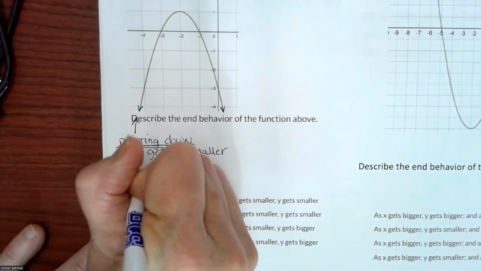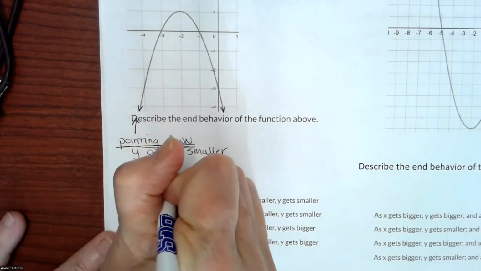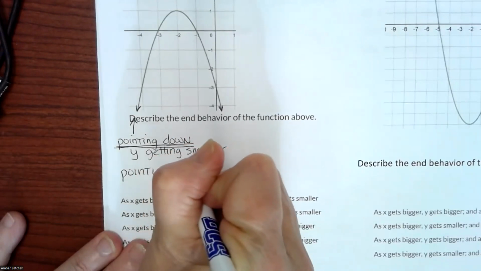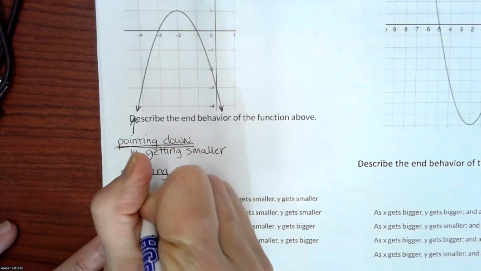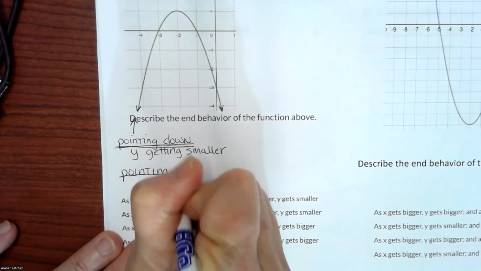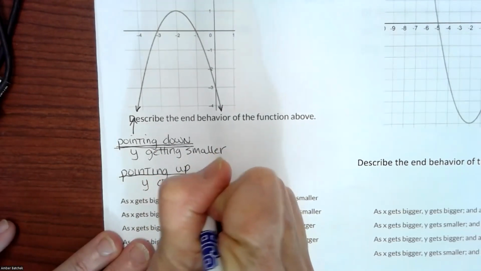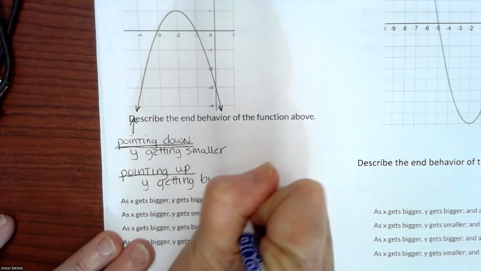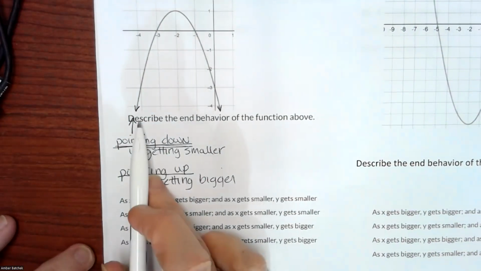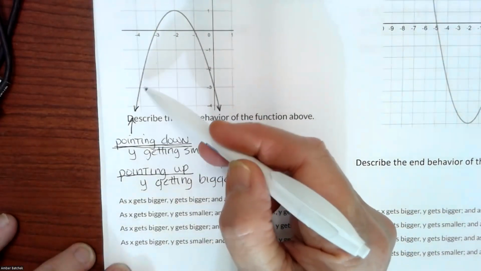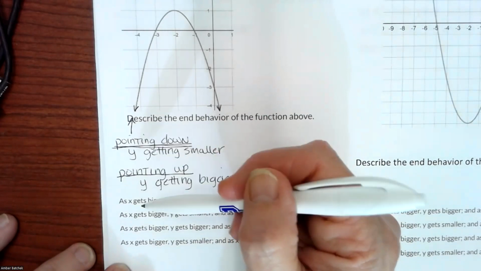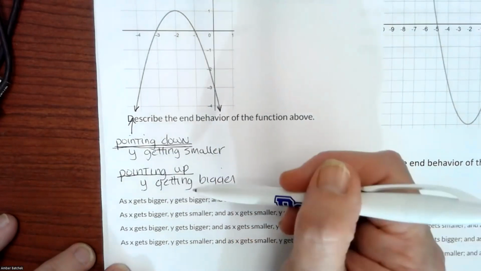If it is pointing up, y is getting bigger. Okay. So pointing down, like this one, the y is getting smaller. Pointing up, the y is getting bigger.